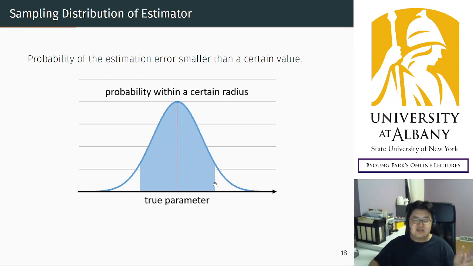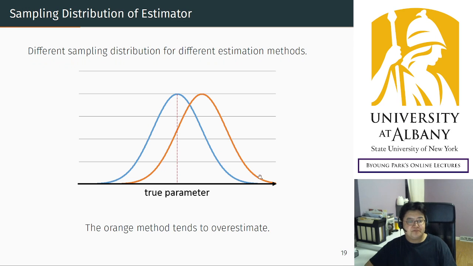So like this, if you know the sampling distribution of the estimator and the relative location of the sampling distribution and the true parameter, then you can evaluate how accurate your estimator is. So everything depends on the sampling distribution.